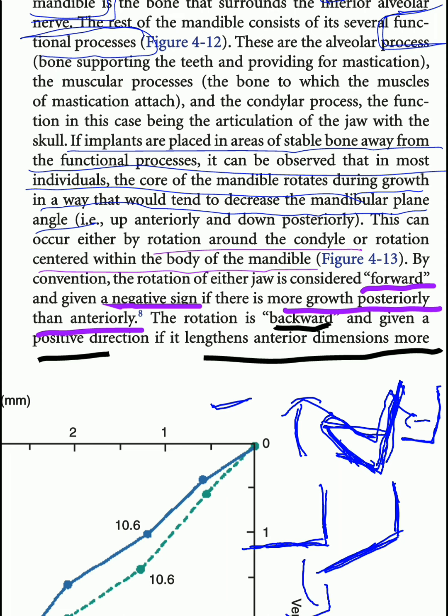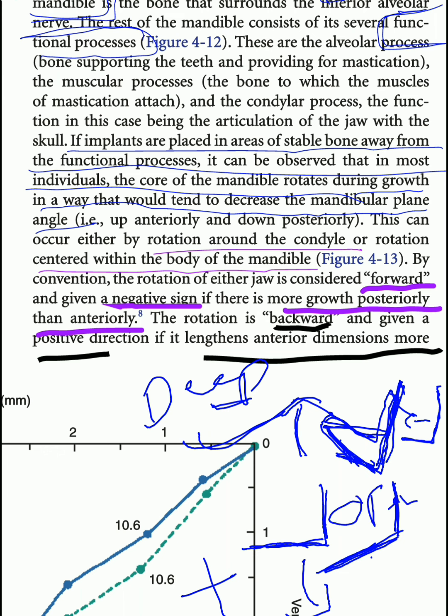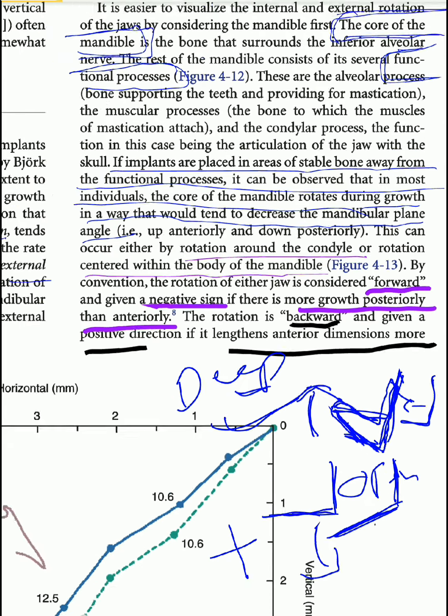So it is called backward rotation, it is given a plus sign, and it is also called clockwise rotation. Now we can tell based on this that patients with this kind of configuration will have a deep bite, and patients with this kind of configuration are going to have an open bite. So this was about the forward rotation and the backward rotation.